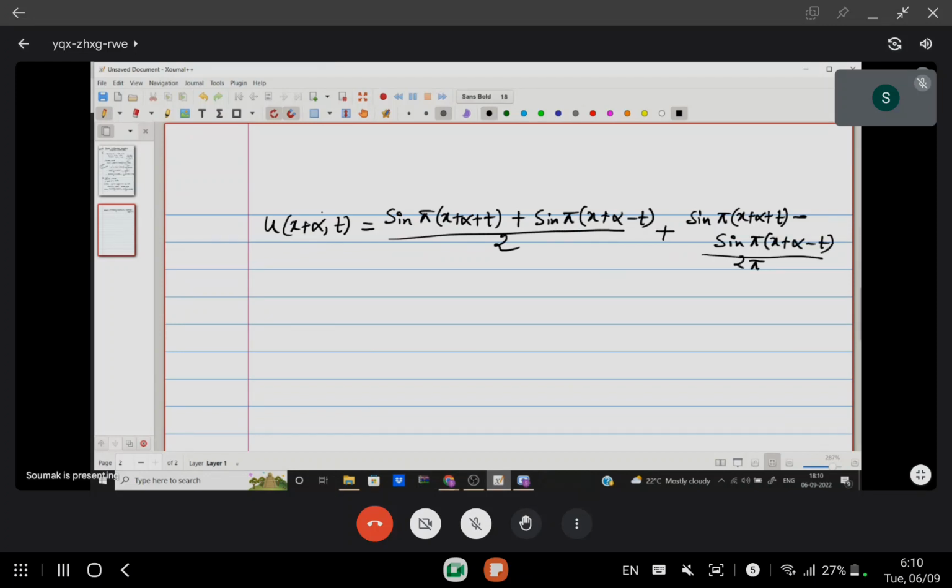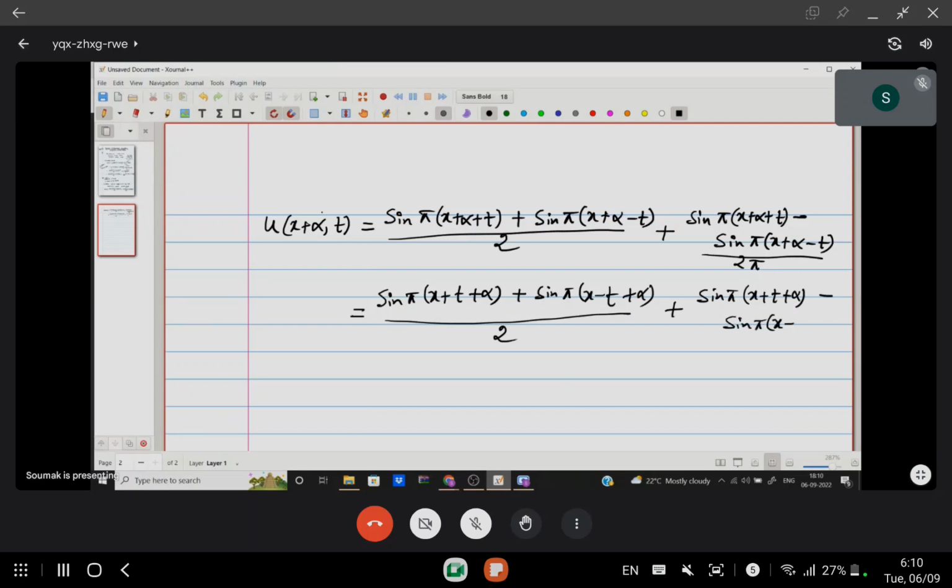So that means if I just interchange alpha and t, I will write sine pi (x plus t plus alpha) plus sine pi (x minus t plus alpha), divided by 2, plus sine again pi (x plus t plus alpha) minus sine pi (x minus t plus alpha), divided by 2 pi.